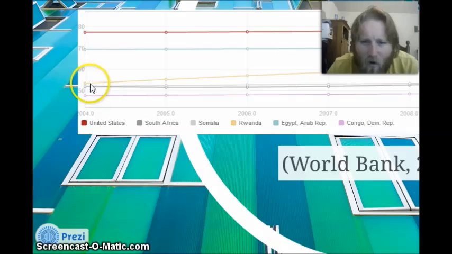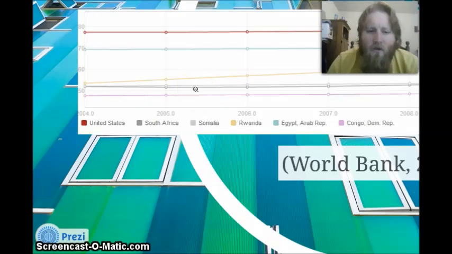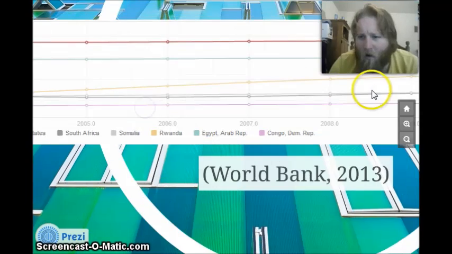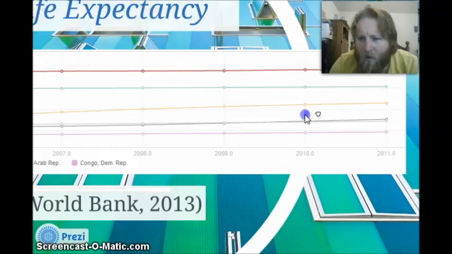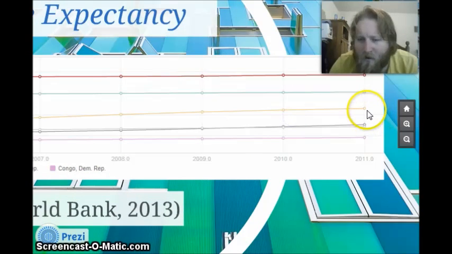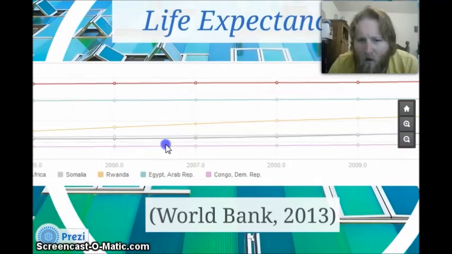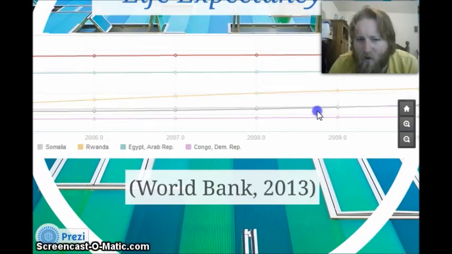Back in 2004, they're around 52, 53 years life expectancy, and then all the way up to 2011, so 7 years later, they're at about 62 years life expectancy.